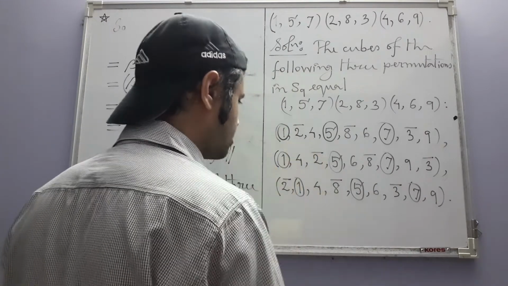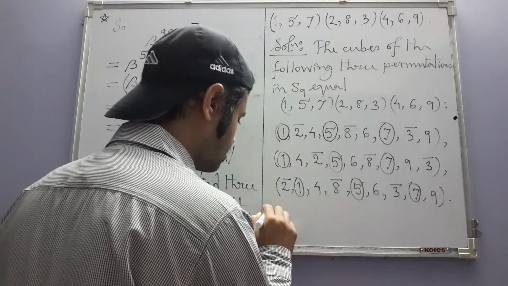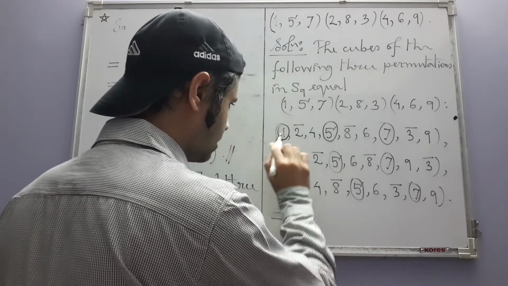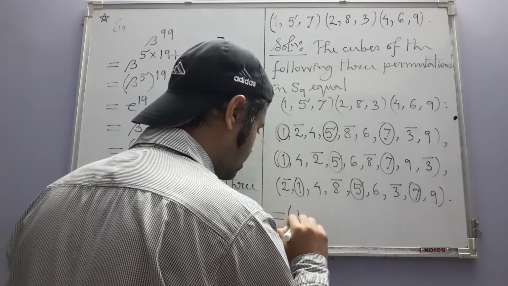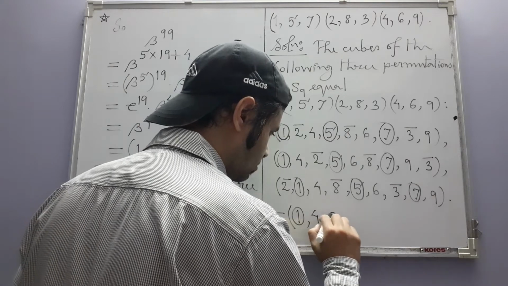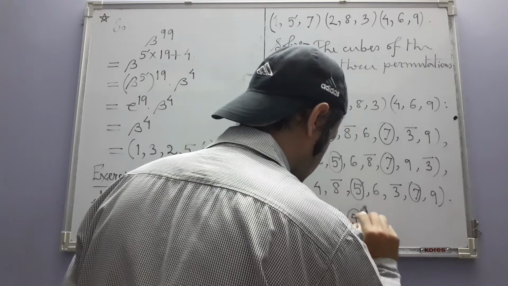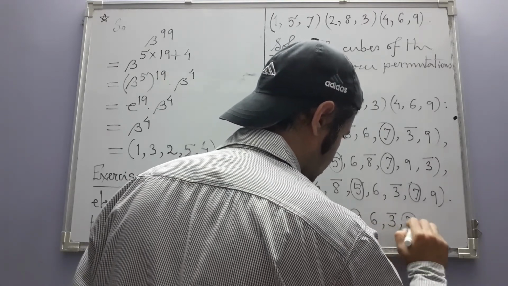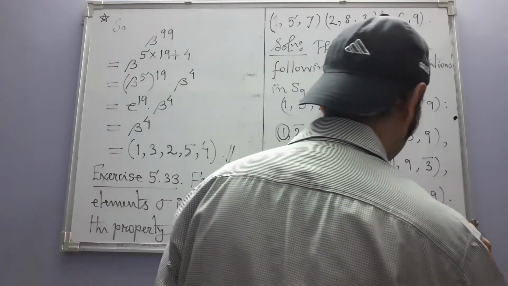To compare these things, in fact, let us just slightly change this third cycle, third sigma, just like the ones above it. We start here with 1, then we have 4, then 8, 5, 6, 3, 7, 9 and then 2.